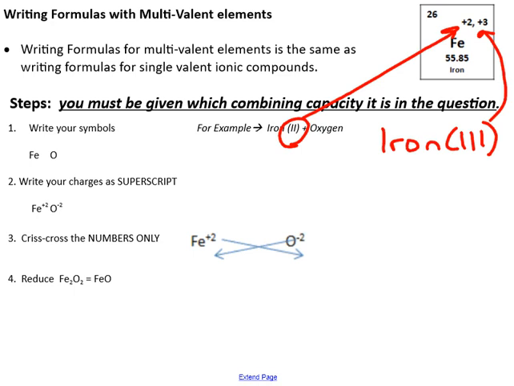So the name will have Roman numerals because Roman numerals are letters and names never have numbers in them. But the name will include a Roman numeral to tell us which charge to pick. Now the charge on oxygen is always -2. My tall columns only get one charge each. Now I crisscross to get Fe2O2 and reduce, and I get the formula FeO.